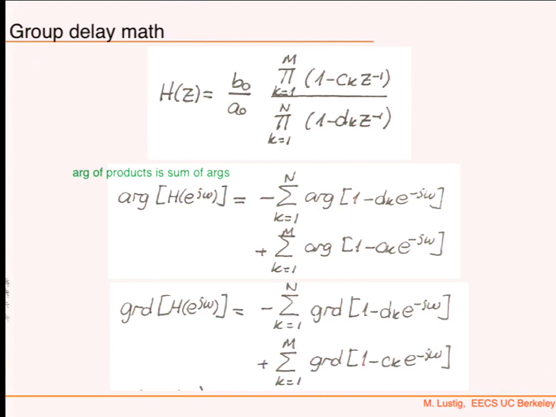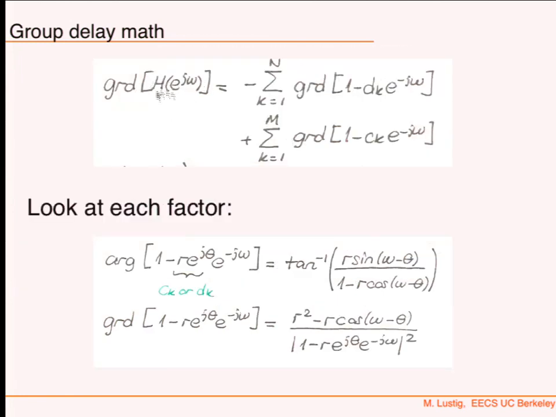Okay. So the group delay then also adds, and if you want to look at the group delay of a particular frequency response, we're going to look at each one of these factors. And we're going to look at either c_k or d_k, and the difference between them is just whether it's a positive or a negative effect. Okay.